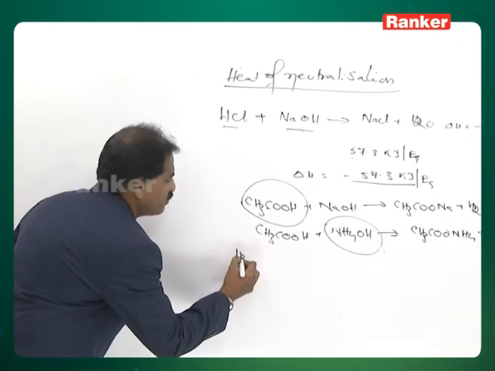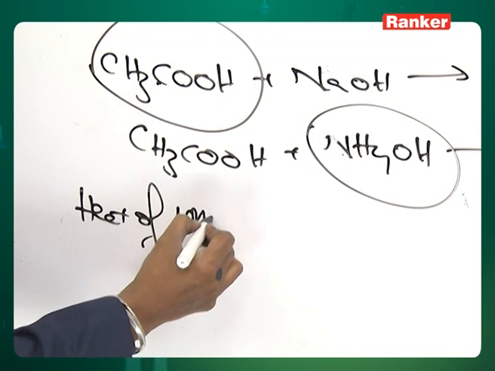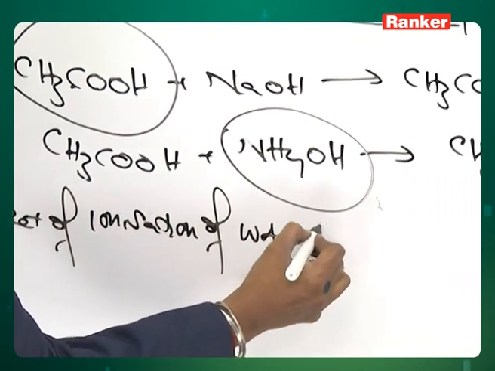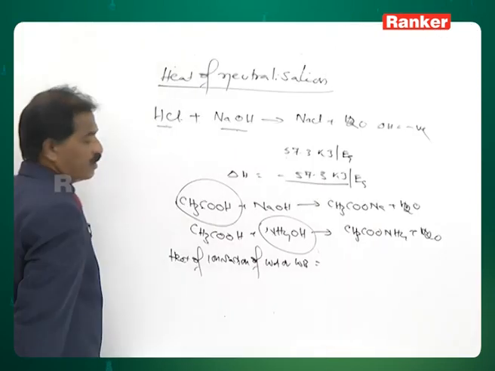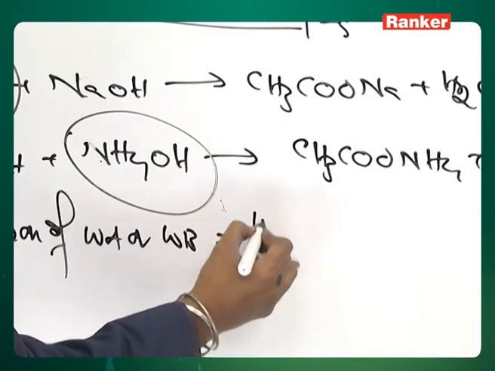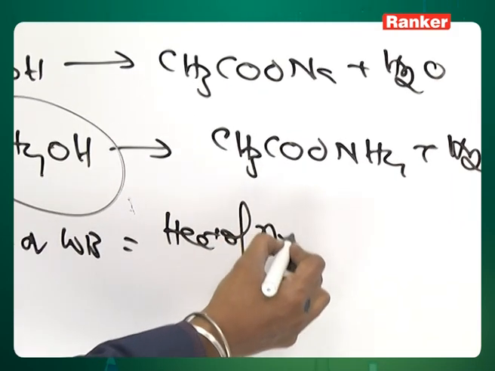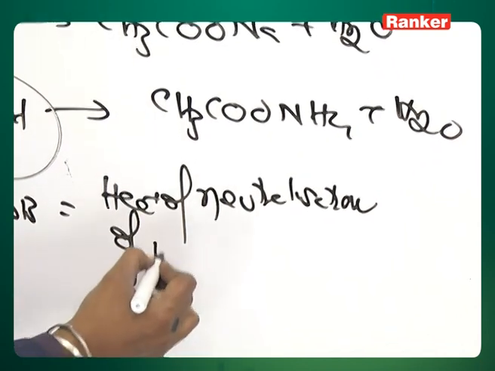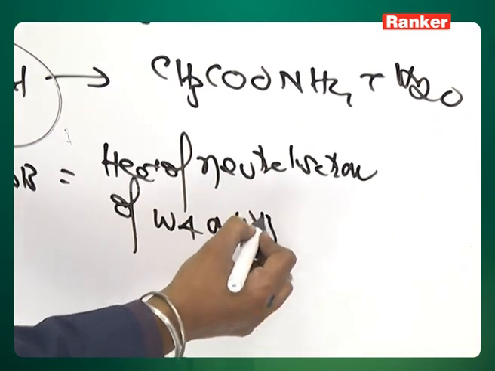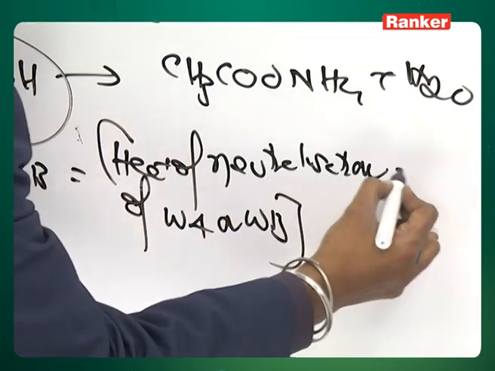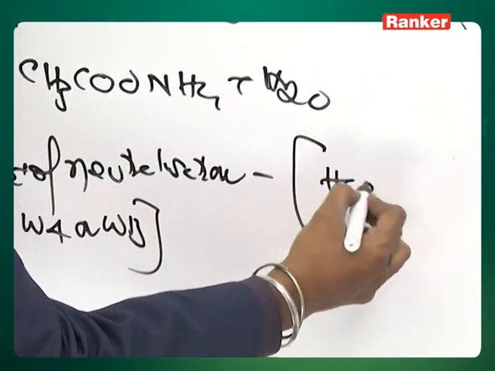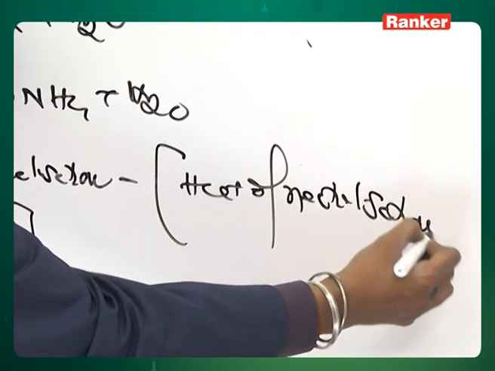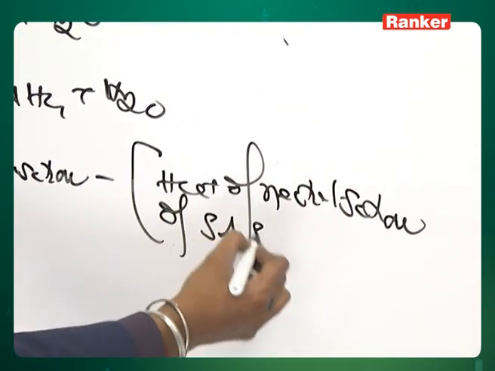Therefore heat of ionization of weak acid or weak base is equal to heat of neutralization of weak acid or weak base minus heat of neutralization of strong acid, strong base.